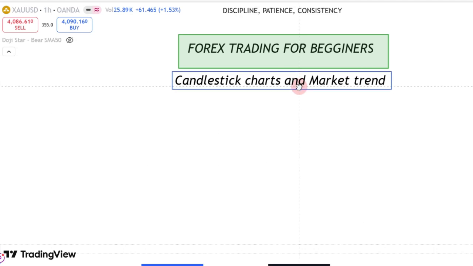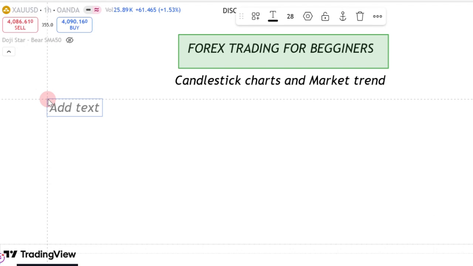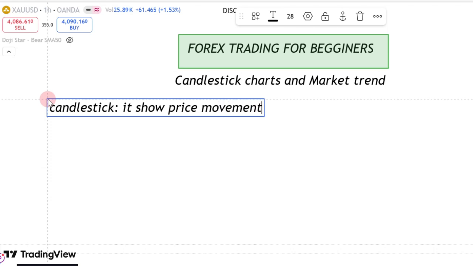So when you talk about candlesticks, they show price movements. What is meant by candlestick? It shows price movements in a given time.